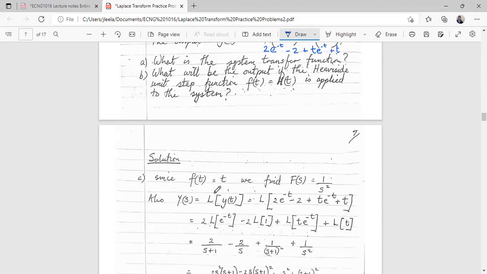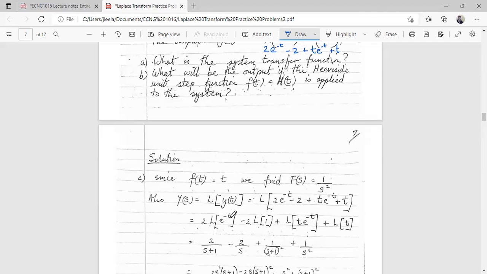Right? So look, we're taking the Laplace of that. So we're taking the Laplace of 2e to the minus t minus 2 plus te to the minus t plus t. And remember here now, we could use the linearity property, pull out the 2.